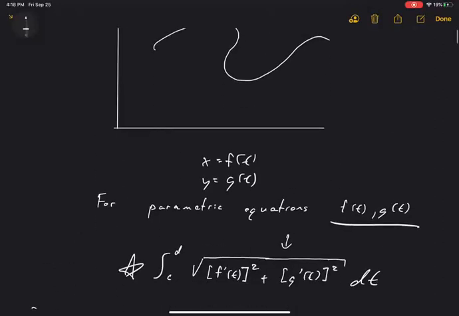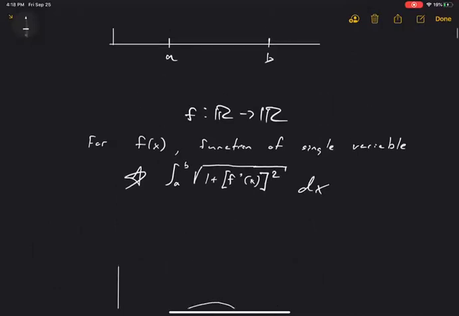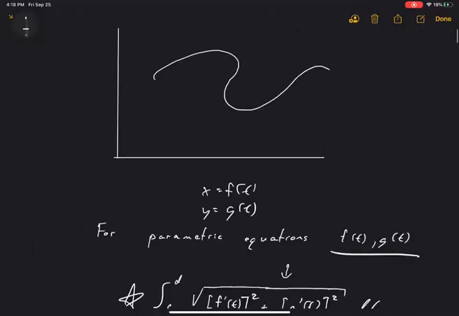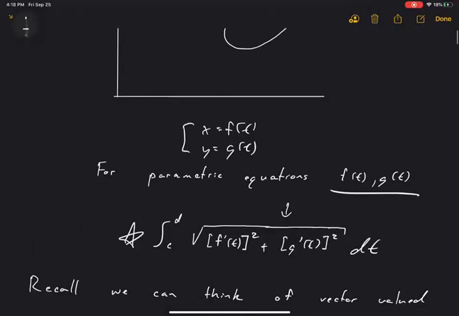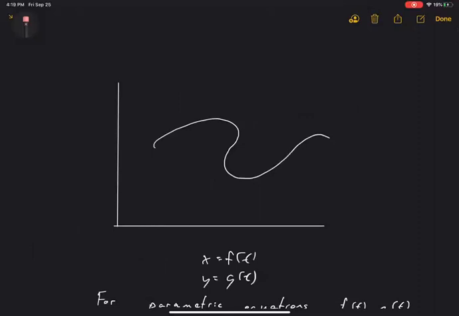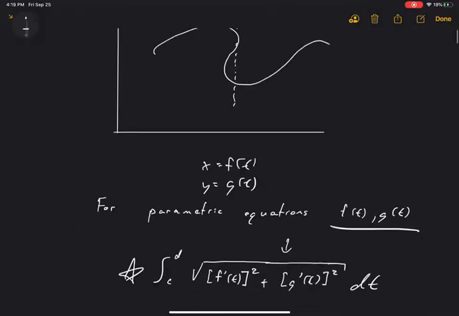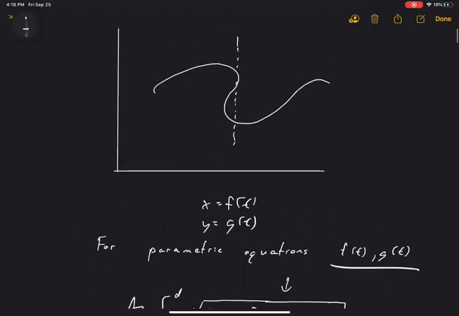Now, what's the difference between our usual idea of a function and these parametric equations, parametric curves? Well, we can deal with a curve like this. That's not technically a function, right? This doesn't pass the vertical line test, but we can still describe it using parametric curves.